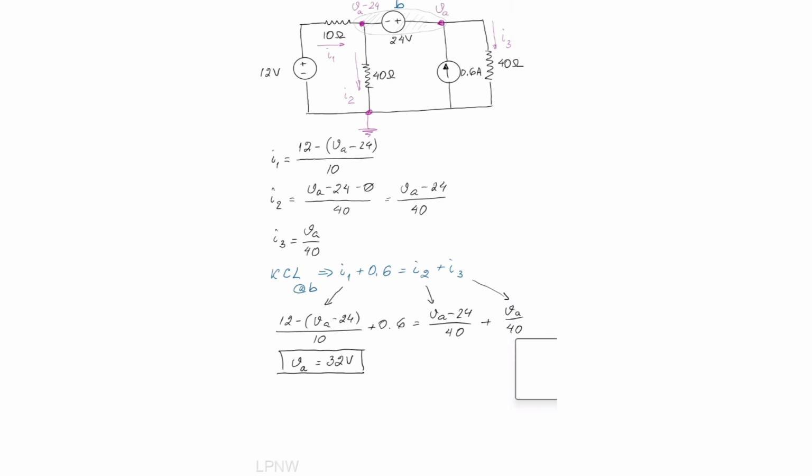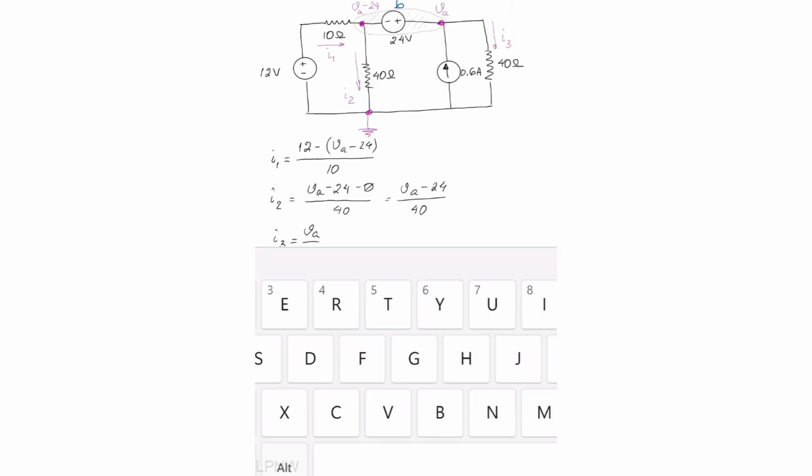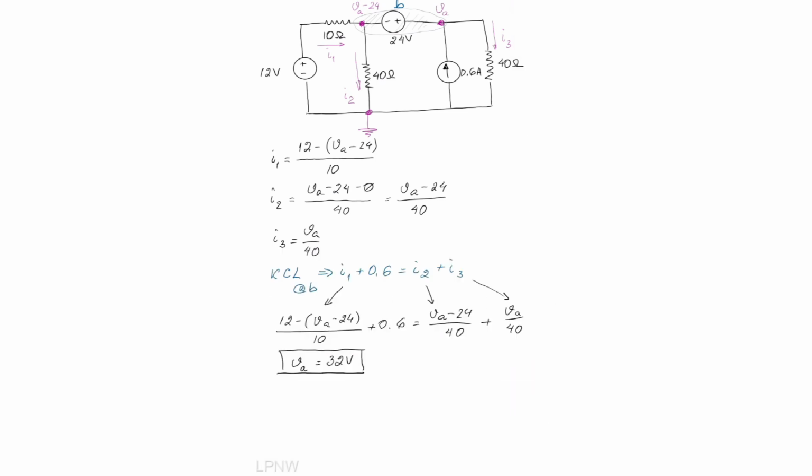So let's do that. I1 is 12 minus VA, being 32, minus 24, divided by 10, which gave me 0.4.